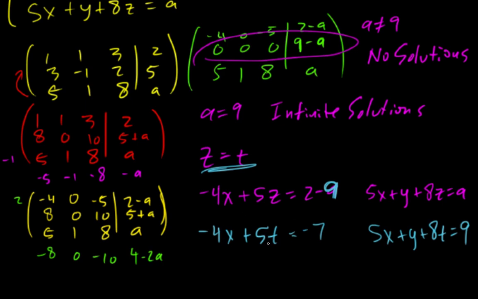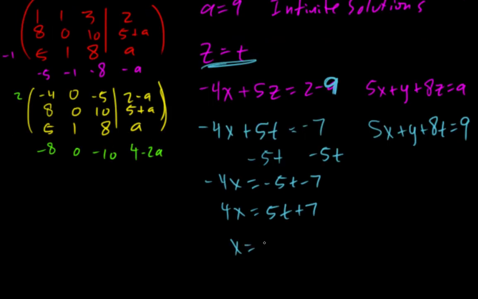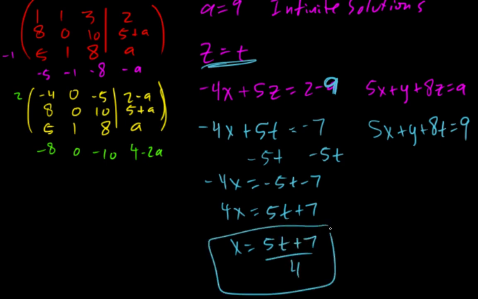We can solve for x right here. Minus 5t, minus 5t. -4x equals -5t minus 7. We can swap all those signs and then divide by 4. Okay, we can plug it in here.